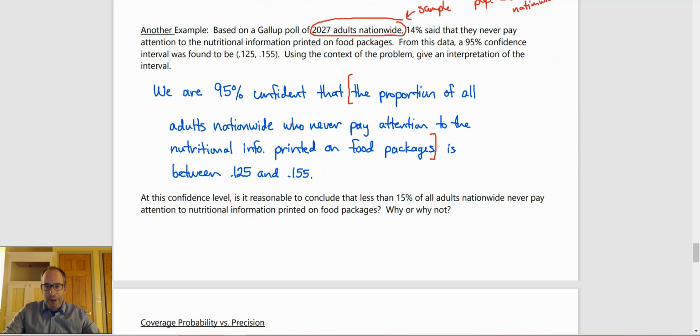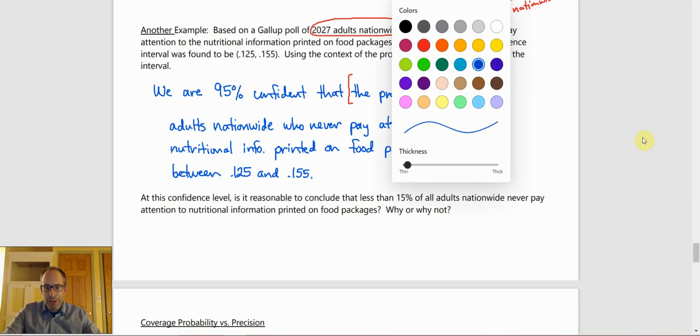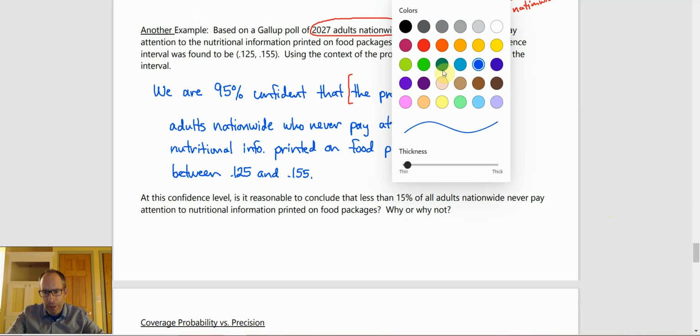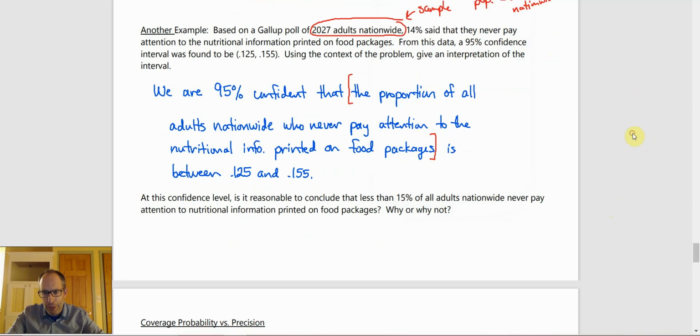What about this last part? Would it make sense to conclude that less than 15% of adults nationwide never pay attention to the nutritional information printed on food packages? So in other words, basically what this is asking, and I should do this in a different color than blue. Brown.